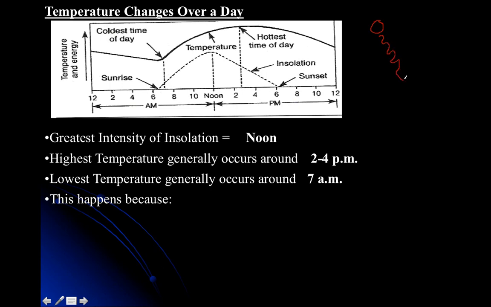Hitting the ground, right? We'll make this the ground. And then the ground is absorbing the sun's energy for hours, and it's building up heat. It's just building it up. And a good absorber is a good radiator. So at noon, you're getting all these short waves, the UV, and it's heating up the ground. And eventually, it gets re-radiated later in the afternoon between 2 and 4 o'clock back to space.